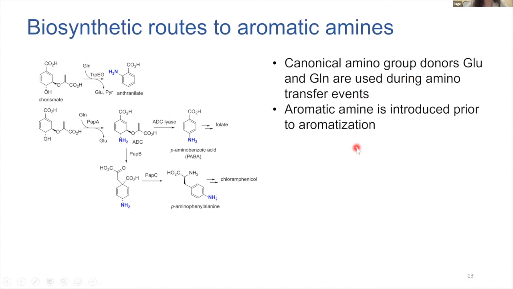And the aromatic amines are often introduced prior to aromatization. So our system is unique in that some of the amines are installed before aromatization, and the nitrogen donor is different than the canonical groups that we see in most biosynthetic pathways.